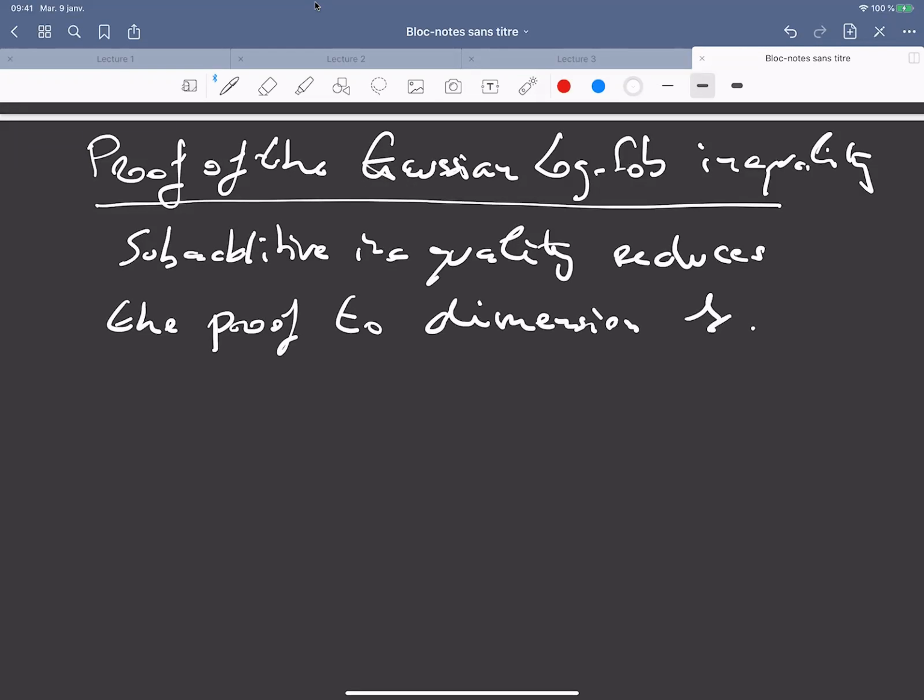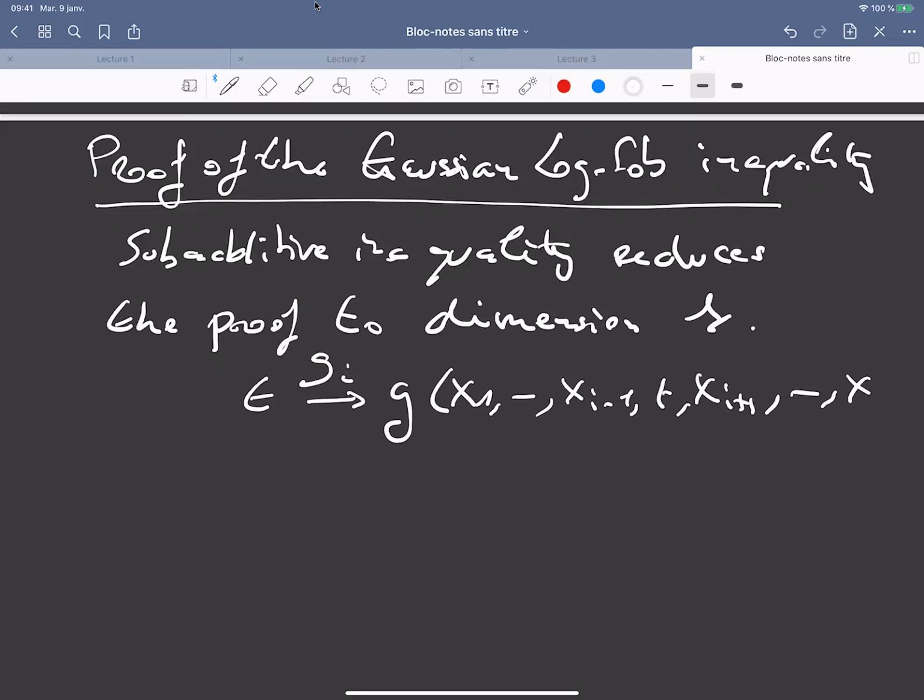If you get the result in dimension 1, you use it for all the partial functions, and then you combine them in an additive way to get the result in dimension n.